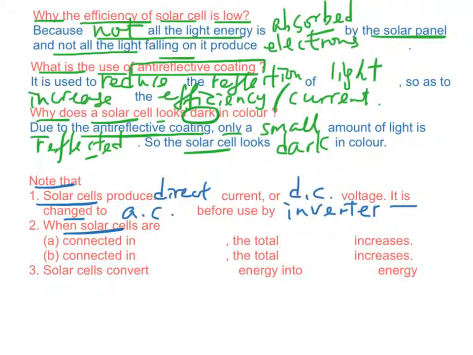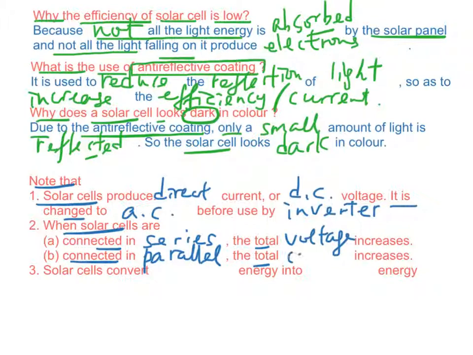When solar cells are connected in series, the total voltage increases. When solar cells are connected in parallel, the total current increases.